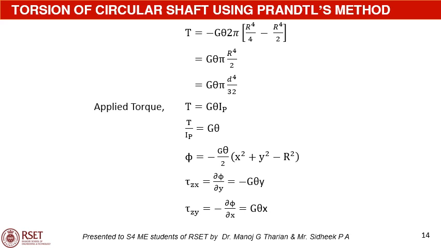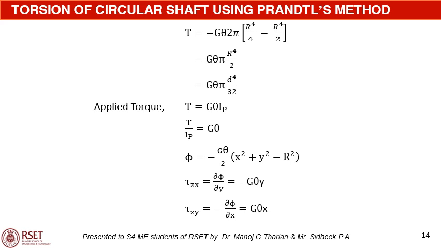Now, for finding out the shear stress components tau zx and tau zy, we use the Prandtl stress function phi. Phi is equal to minus G theta by 2 into (x square plus y square minus r square). The shear stress components are given by tau zx equal to ∂phi/∂y.